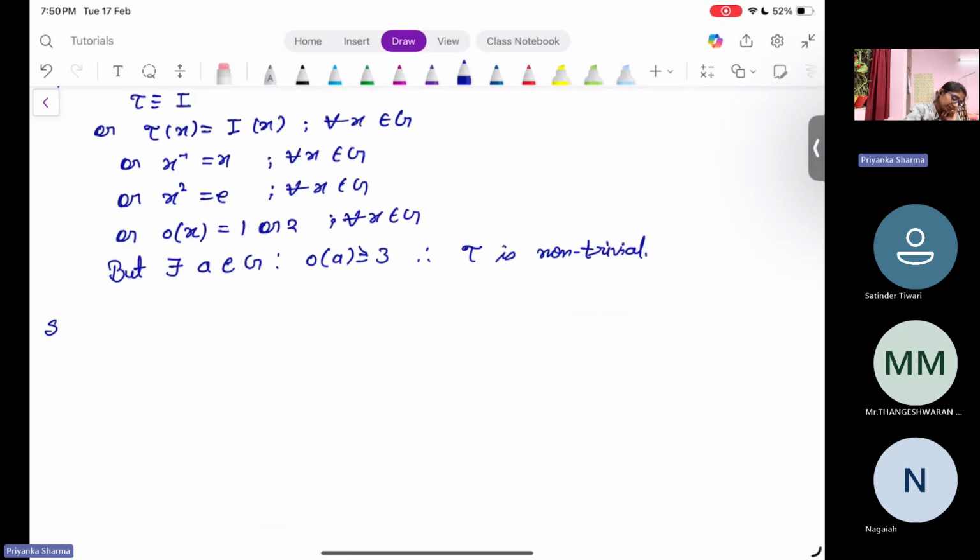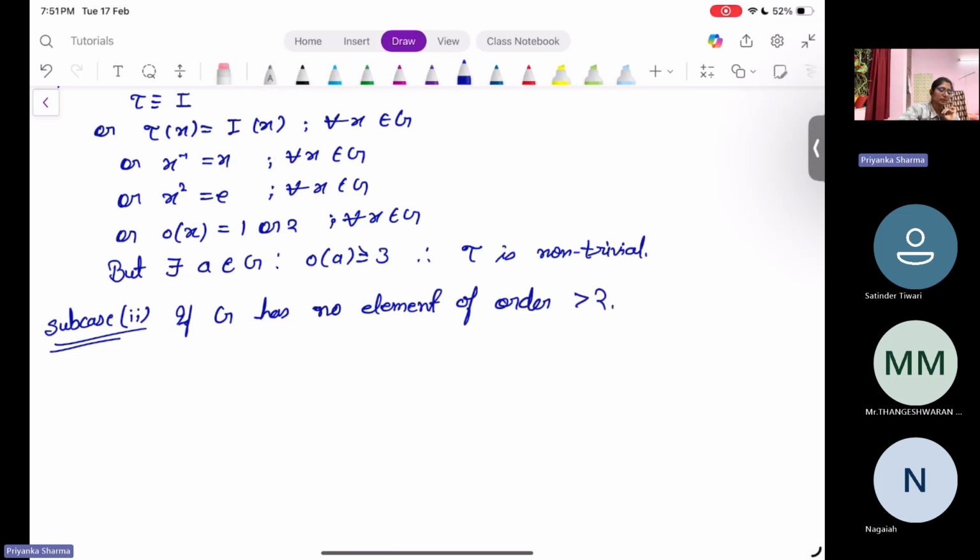Now only one case is remaining, and that is if G has no element of order greater than 2. That is, G has elements of order 1 and 2. There will be a unique element, the identity, of order 1. All the other elements will be of order 2 in this case.